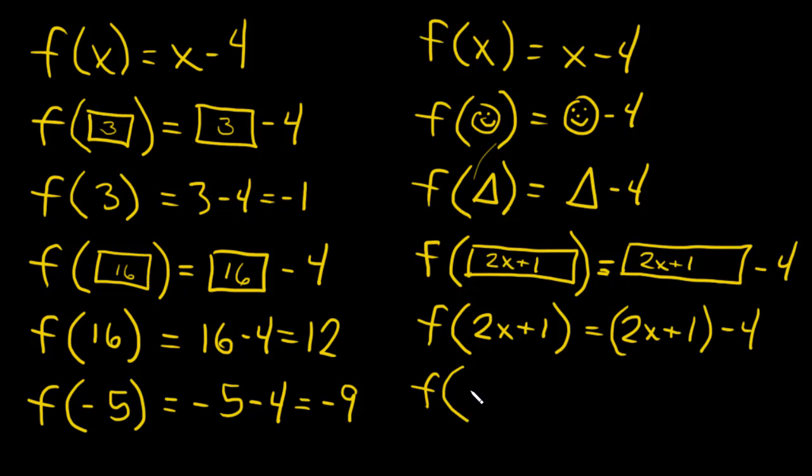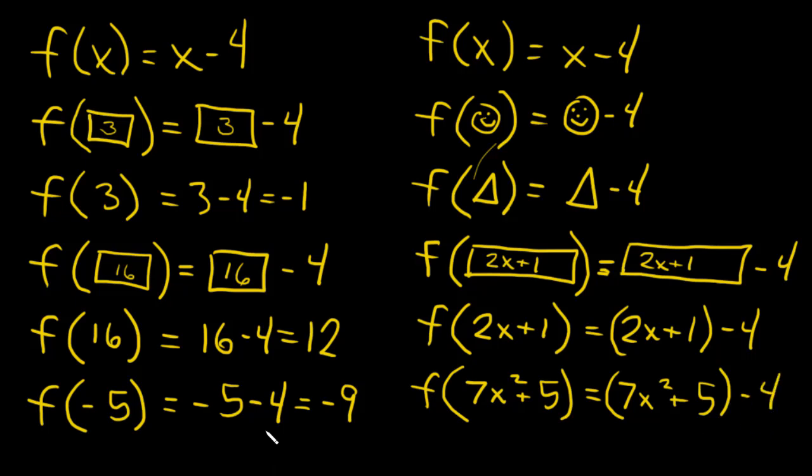What about f of maybe 7x squared plus 5? Well, that would be the quantity 7x squared plus 5 minus 4. Do you see how this is working, the pattern behind it?